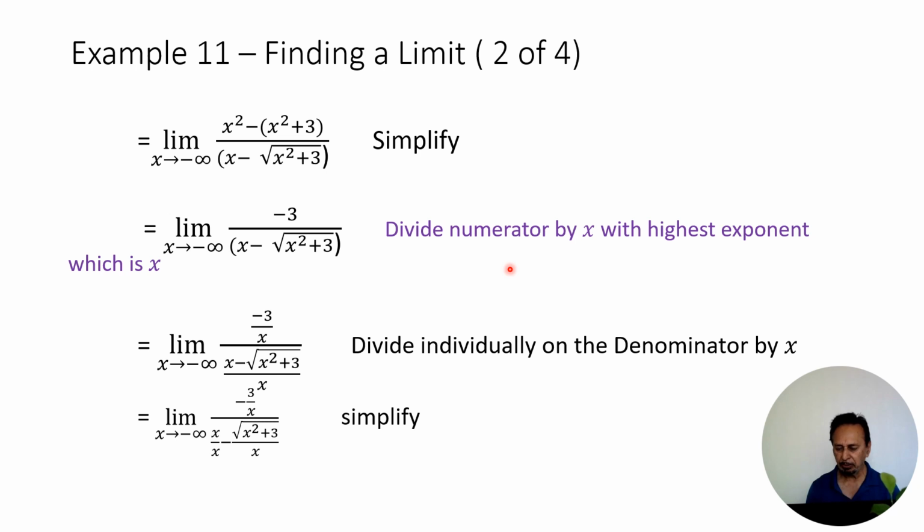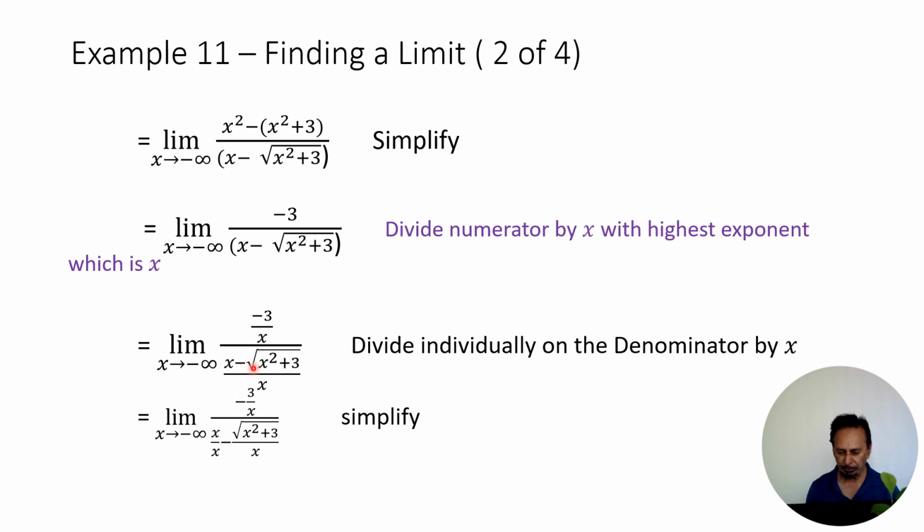Now we divide the numerator and the denominator by the highest power of x in the denominator. So we divide negative 3 by x, and the denominator x minus the square root of x squared plus 3 by x.